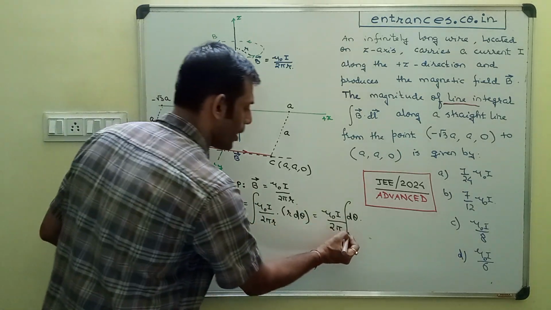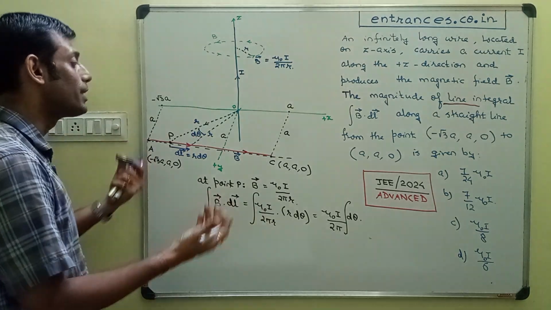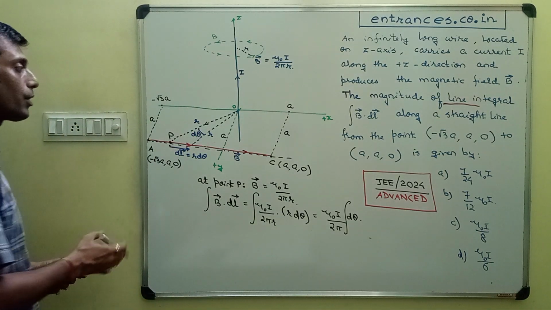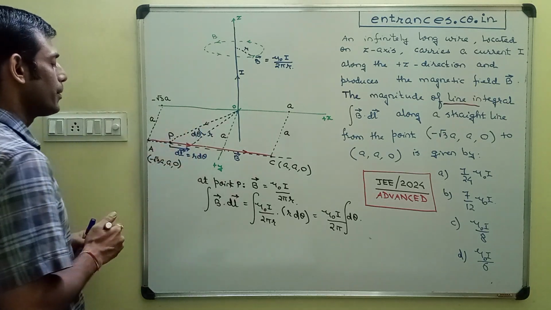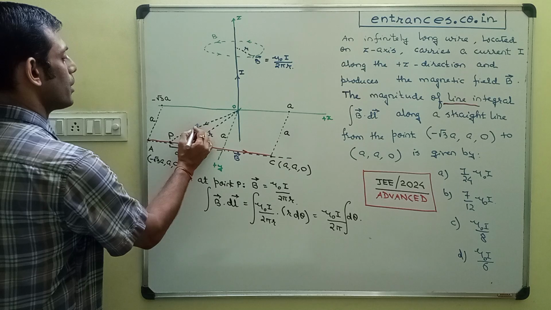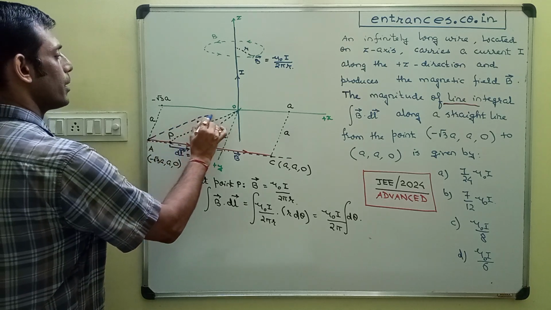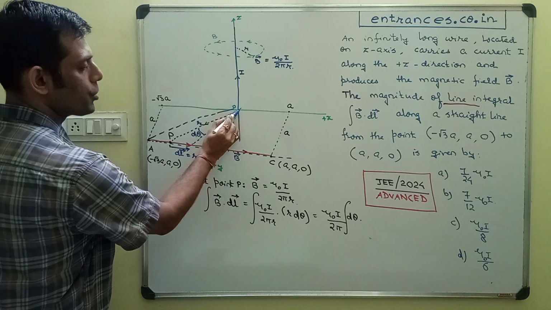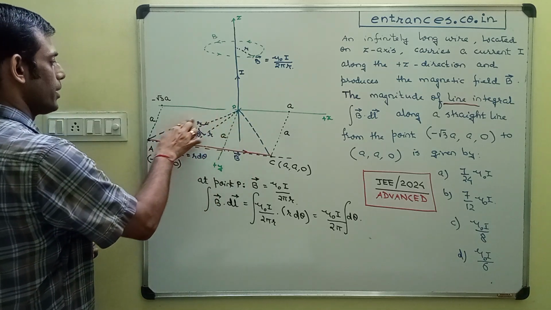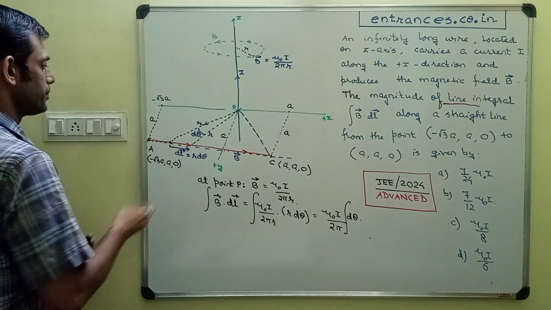would be the integral of d theta, because mu naught I by 2 pi is a constant. And how does theta vary? Now here is the challenge of the question. The theta varies with respect to the orientation at point A, that is this line, and with respect to the point C, that is this line. Let me redraw this line again through the point P, just a moment.